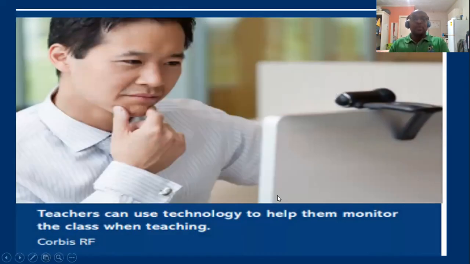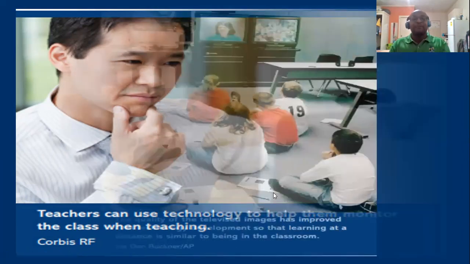All right. So here you can see a caption of a teacher who can use technology to help monitor the class while teaching. You can see the teacher is right in his room on a computer, and maybe the students are with their own devices somewhere else all over the world, and he is able to see what each one is doing at the same time, right?